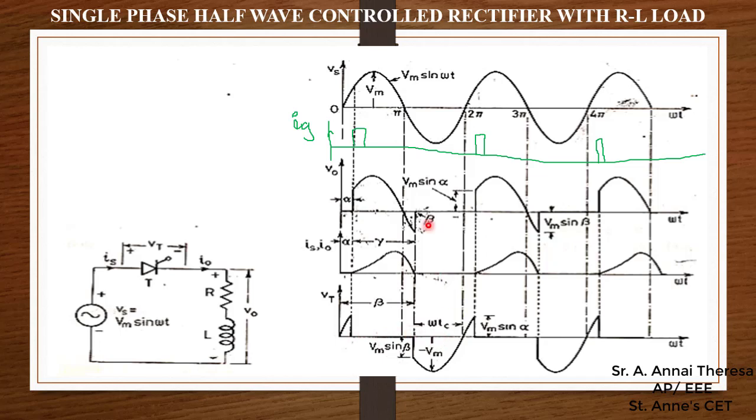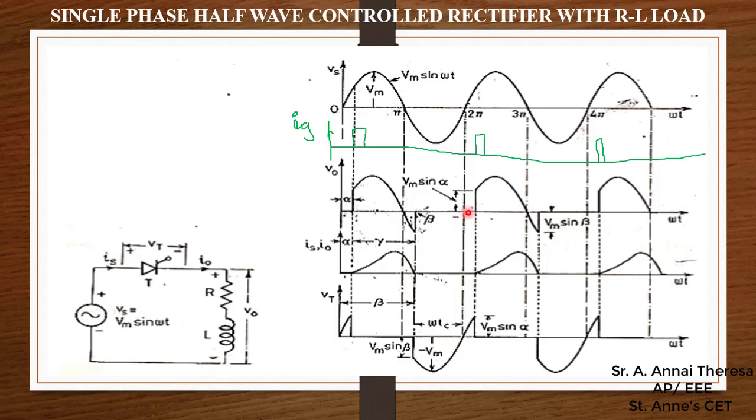Then after that there is no conduction of SCR from beta to 2 pi plus alpha. So from beta to 2 pi plus alpha, there is no conduction. The same input voltage will appear across the thyristor, the reverse voltage. So there will be a voltage drop across the thyristor.